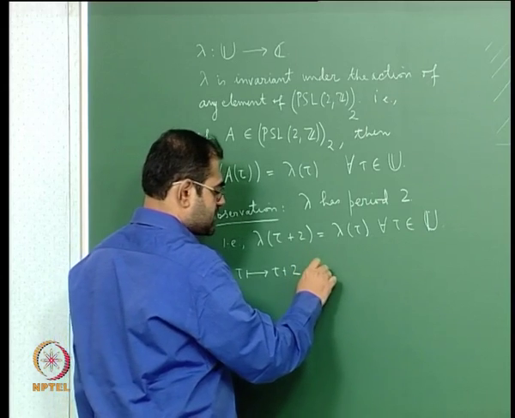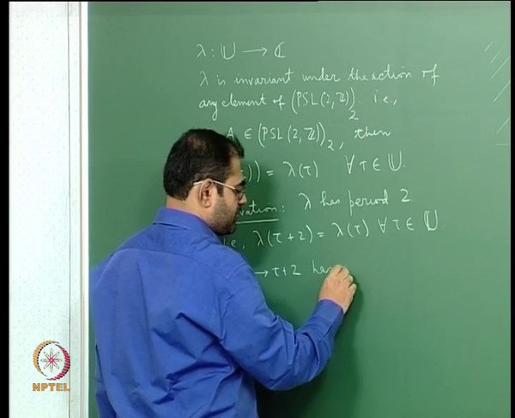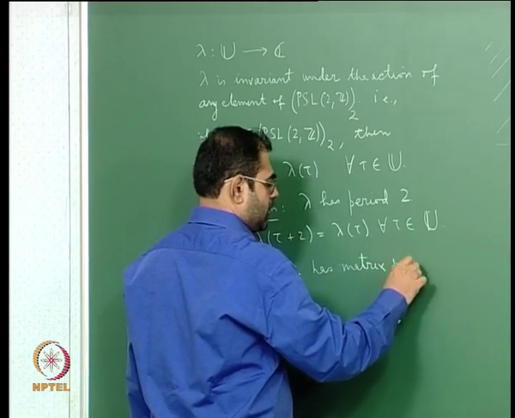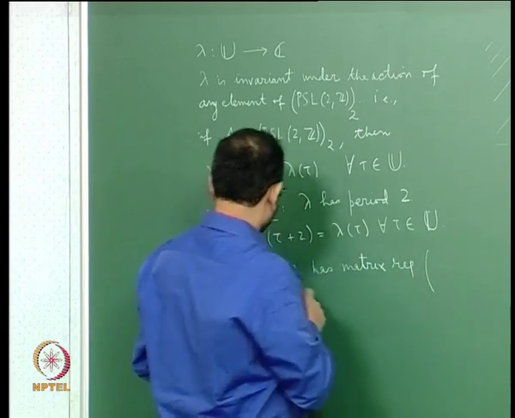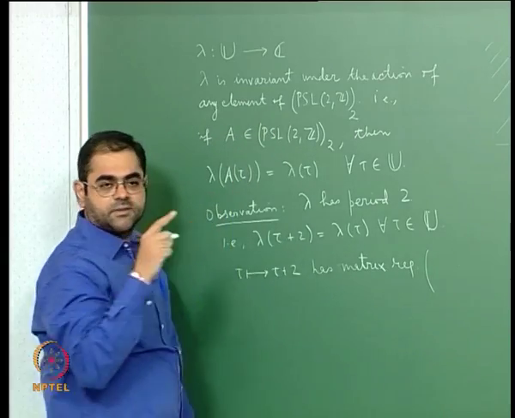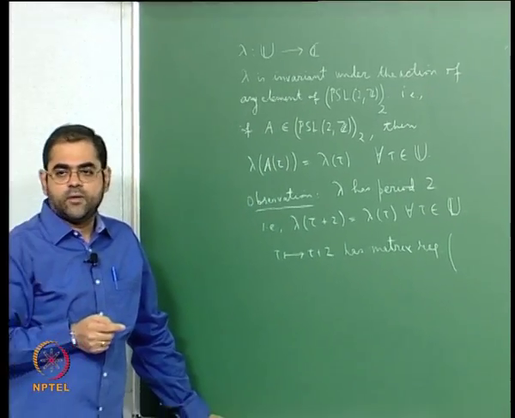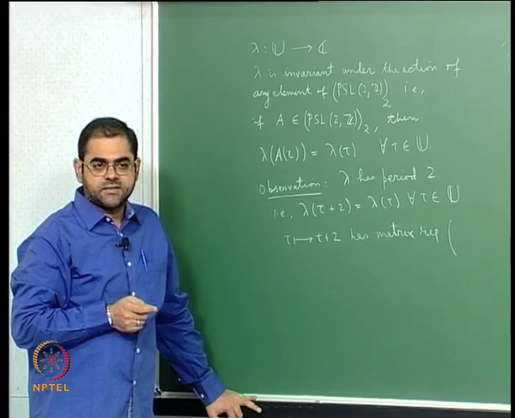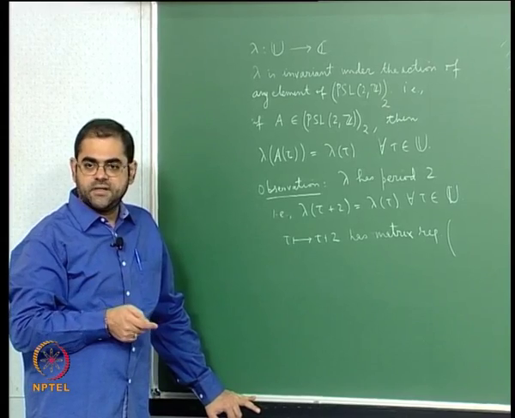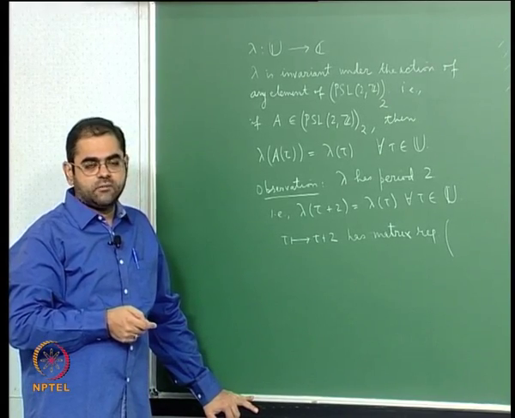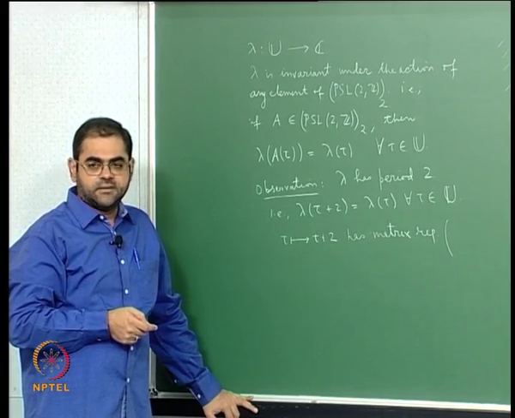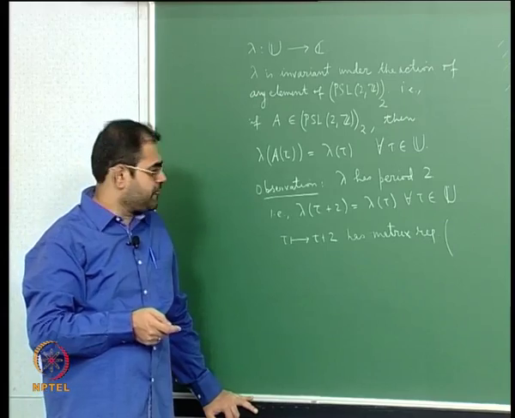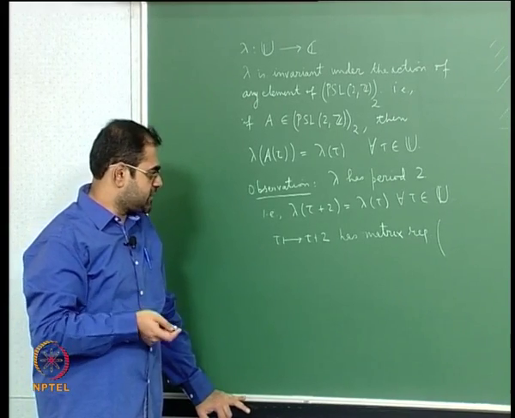For a general linear transformation tau going to a tau plus b by c tau plus d, the matrix representation is the matrix ABCD, and of course you always normalize so that the determinant is 1, so that it is unimodular.